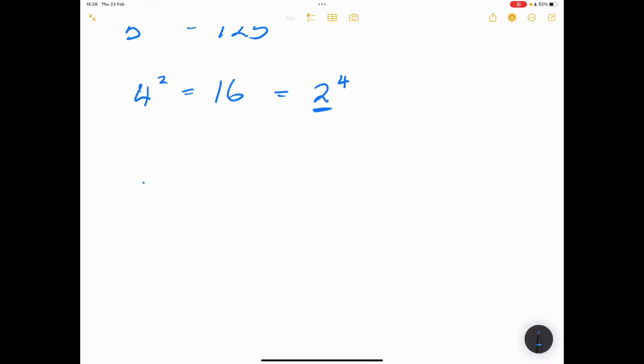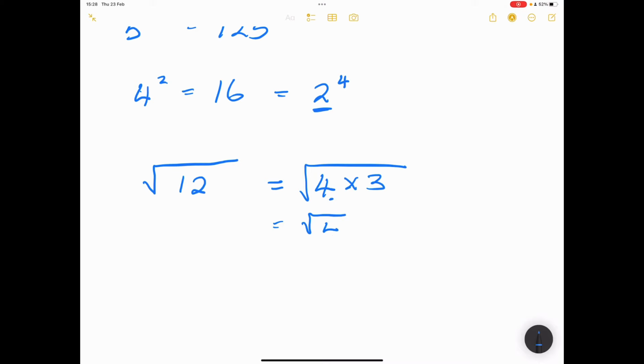Now, I'll just make an example. So if I've got, for instance, the square root of 12, okay? How would I simplify this? I know that 12, to represent it with prime bases, would simply be, let's say, 4 multiplied by 3, right? But I know 4 is not a prime number, right? So in this case, I can say this can be the square root of 4 multiplied by the square root of 3.